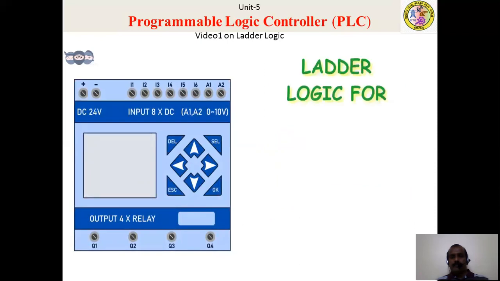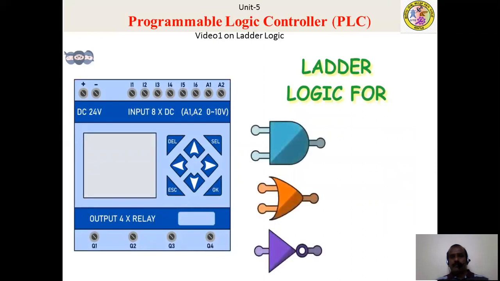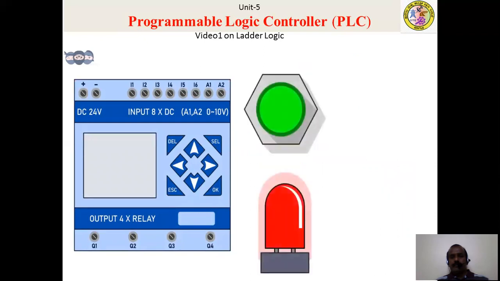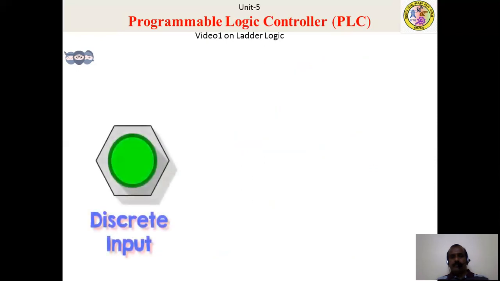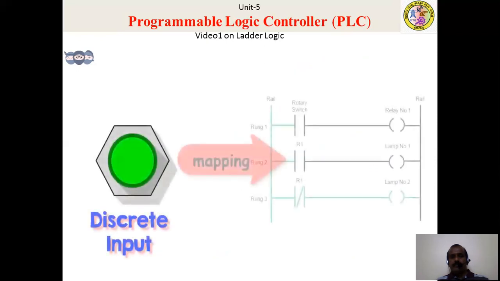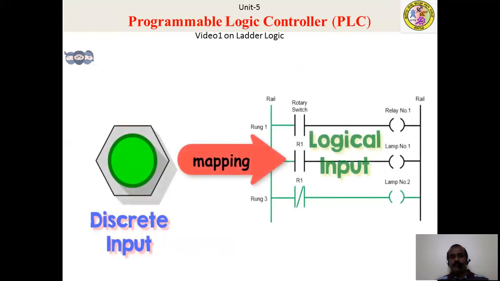Let us try to build a ladder logic for basic gates, that is AND, OR and NOT. We will be using push buttons and LEDs for the same. A physical, discrete input can be mapped to logical inputs in a rung.